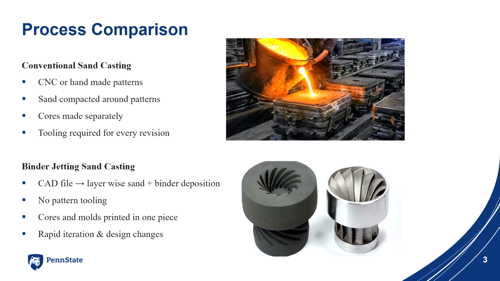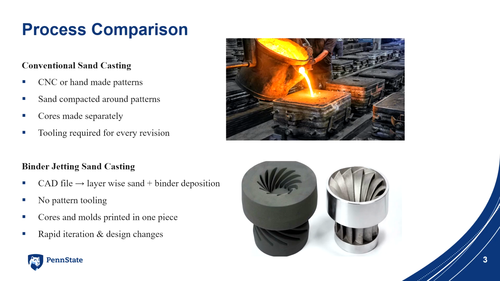So, how do these processes differ for our operations? Conventional sand casting is fundamentally a physical forming process. We rely on a hard pattern, place it in a flask, and use mechanical compaction to shape the sand around it. The physics of this process are defined by the need to physically pull that pattern out of the sand without damaging the mold walls.